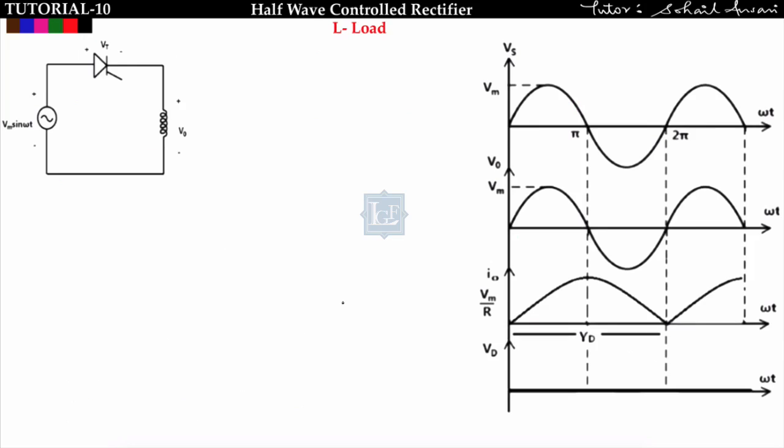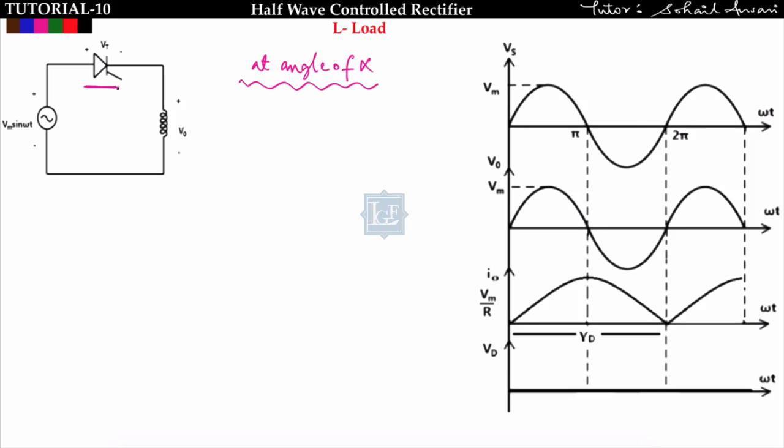Now we will move to L type of load. Same circuit, only the load is replaced by a purely inductive load. Here also in place of the diode I replace it with a thyristor, so it is a controlled rectifier having a purely inductive load. Now let us suppose this thyristor is triggered at an angle of alpha, which means it starts conducting and can be replaced by a short circuit.